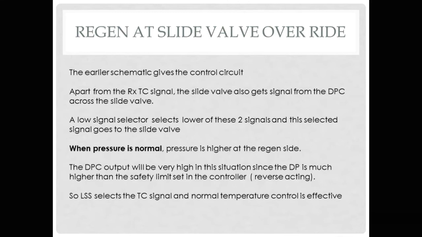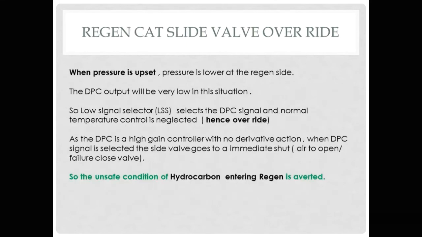Since there will be a large gap between the setting of the differential pressure controller and the actual value, and the value will be much higher than the setting, this controller will send a very high signal out. So the low signal selector will automatically select the temperature signal and your normal PID control action will be effective. But when there is a pressure upset, the delta P across the valve reverses.